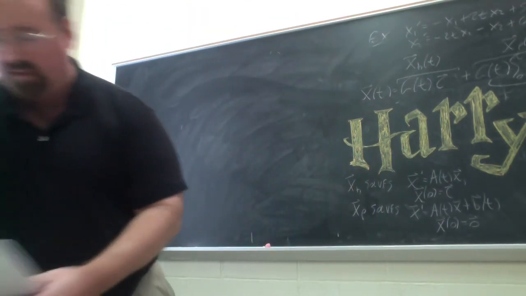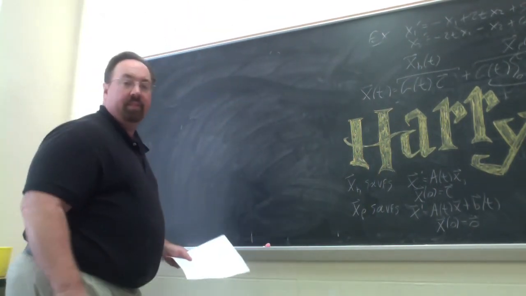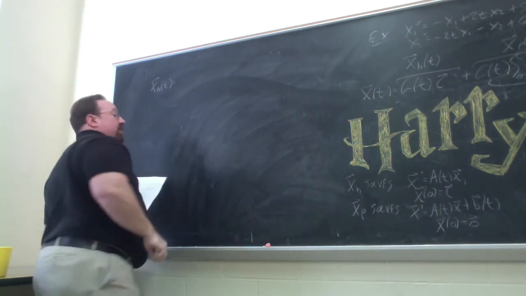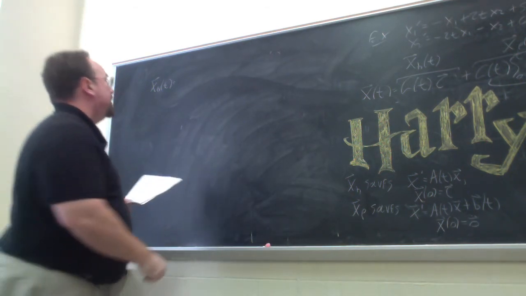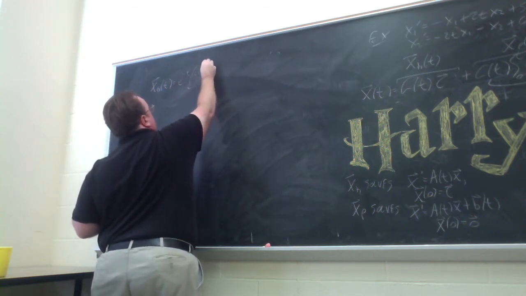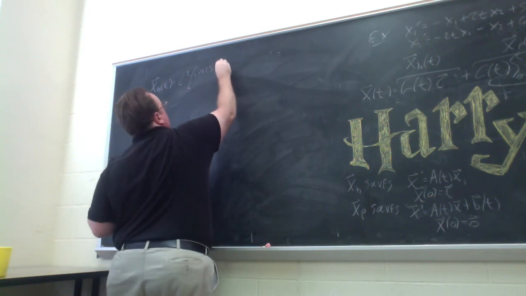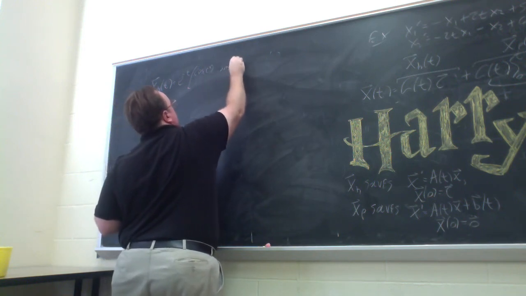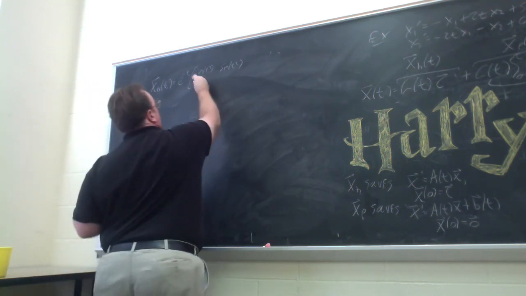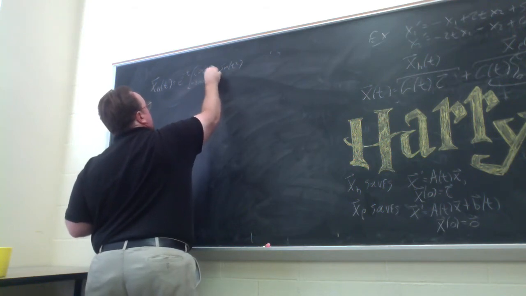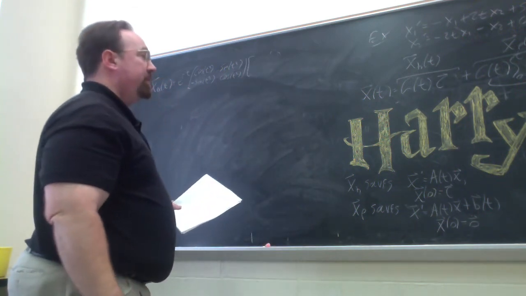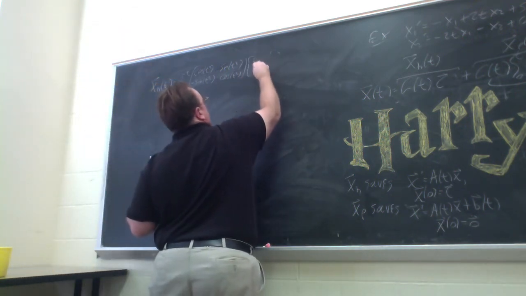Okay, so the whole solution, so xh of t is just G of t times C. So that is e to the minus t, and we get cosine t squared, sine t squared, minus sine t squared, cosine t squared, times the initial value, which is just c1, c2, whatever that is.